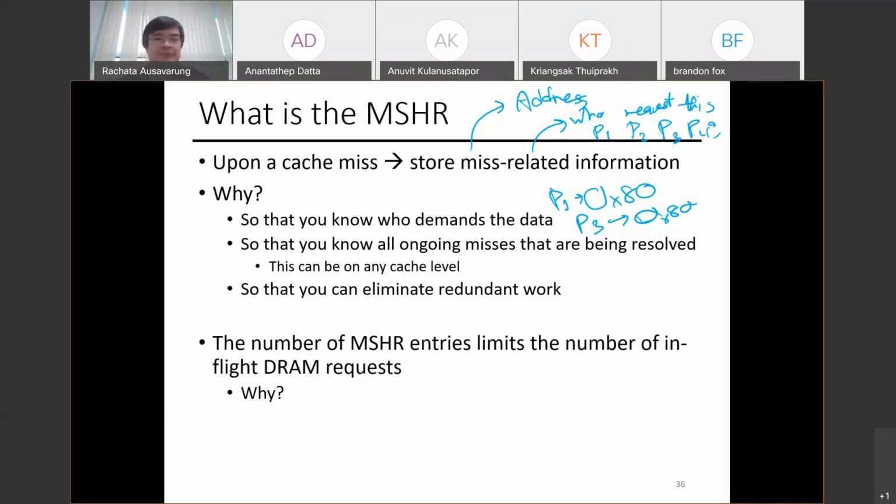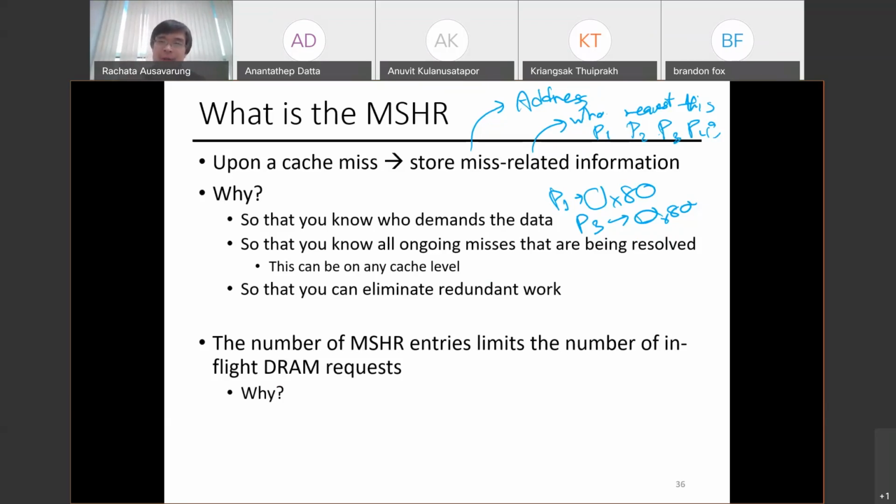Anyone want to guess why? My hint is that every single request has to be allocated first in the MSHR. So the number of MSHR entries limits all possible in-flight DRAM requests. Let's say I have 32 MSHR entries in my system.